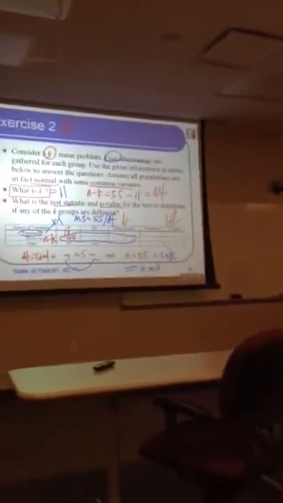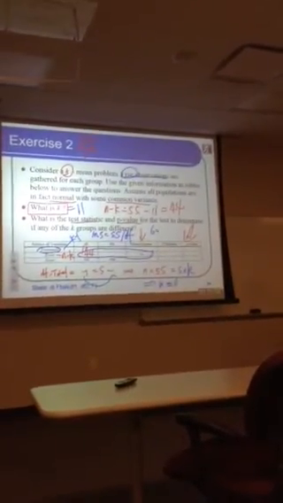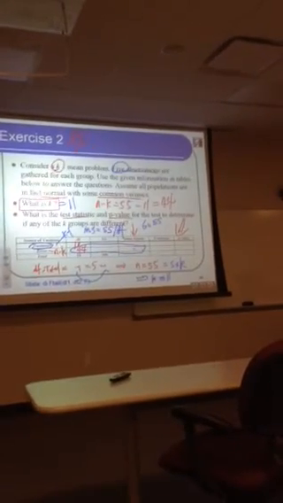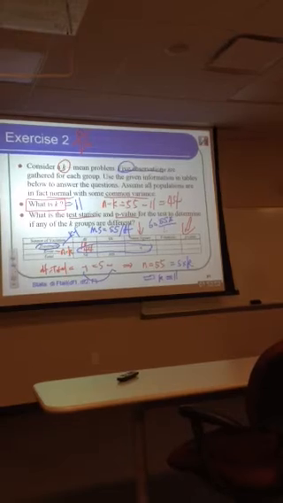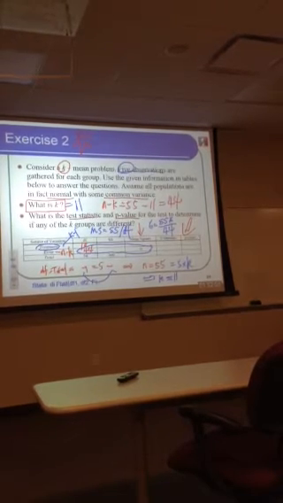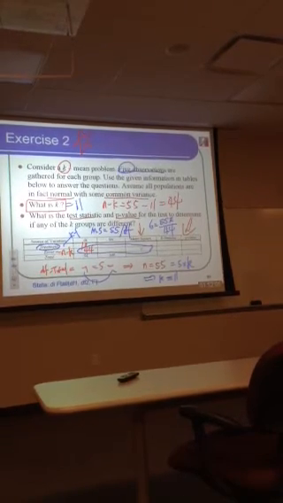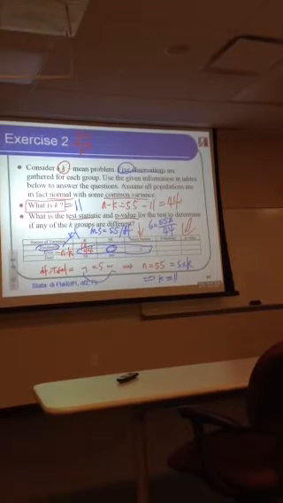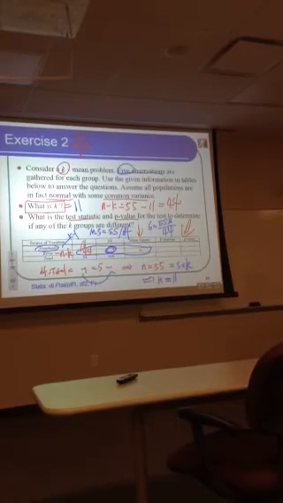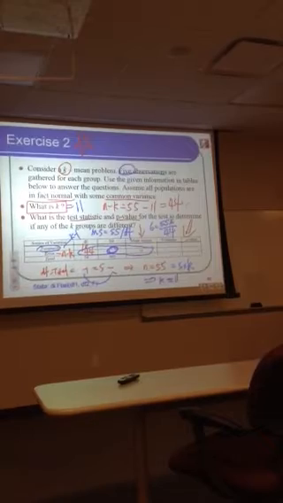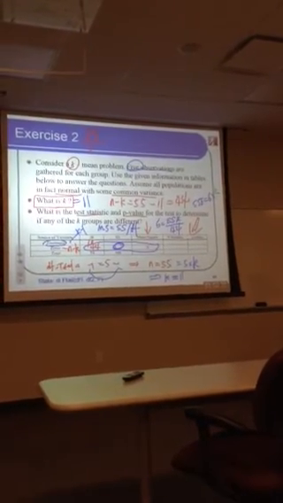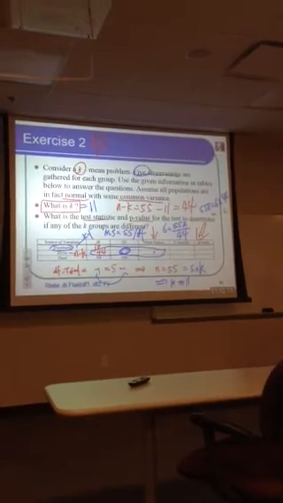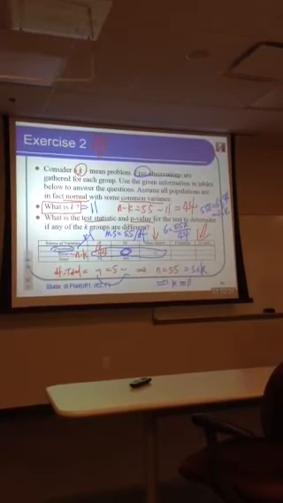So the sum of squares of the error term equals 6 multiplied by 44, which equals 264.